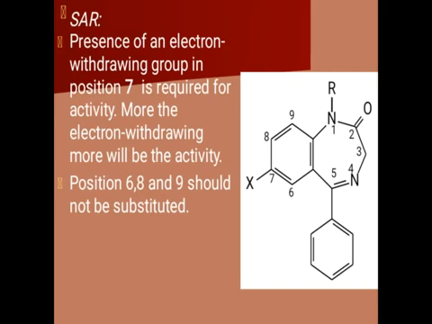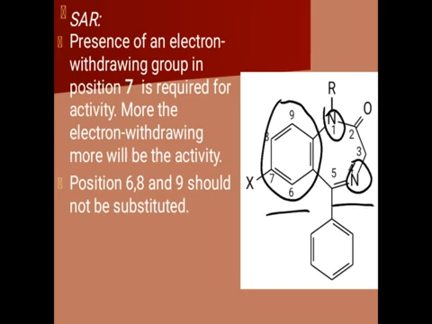Now we will move to the next important part, that is the structure activity relationship of benzodiazepines. As the name indicates, benzodiazepine: benzo means benzene ring, here it is present. Diaza means two nitrogens, pine means seven-member ring.